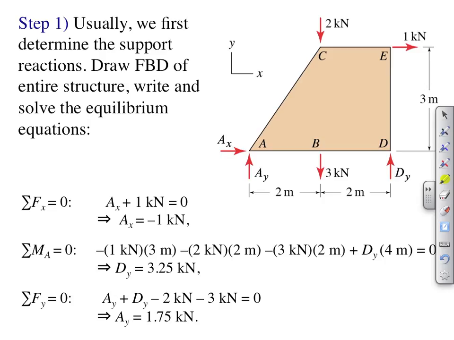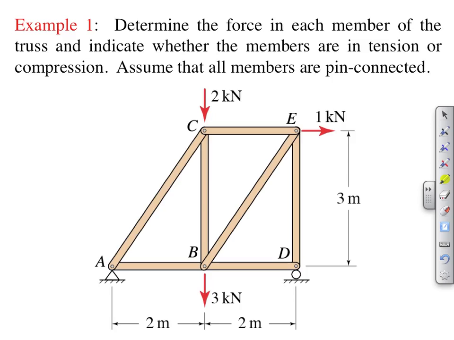Now before we go forward, let's actually go back to our truss structure here in slide 7 and consider the free body diagrams of individual joints. So we've already determined now the reactions at A and D. We'll go ahead and isolate each individual joint now.